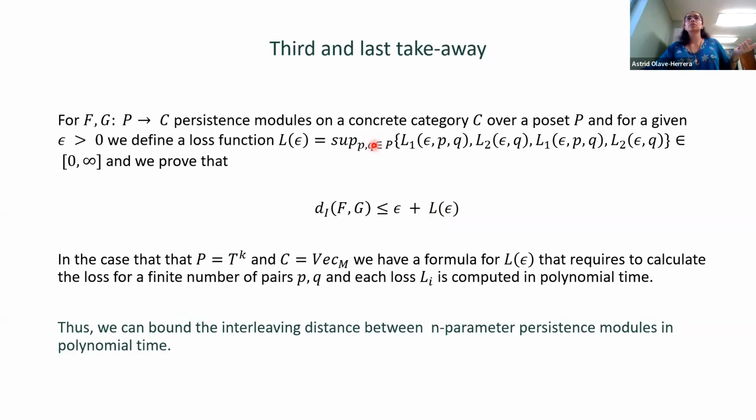So we have reduced these pairs to a finite number, and each Li in polynomial time. So this whole thing is to say affirmatively that we can bound interleaving distance between n parameter persistence modules in polynomial time. If you put those together, we can calculate this bound in polynomial time.